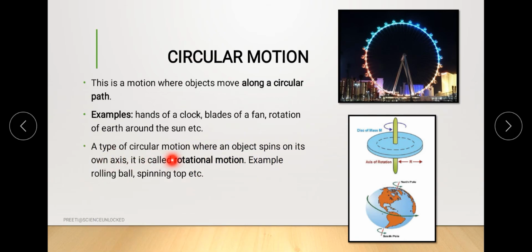So whenever we say that a particular object is moving on its axis or spinning on its axis, it's quite obvious that the boundary or the periphery of the object is showing circular motion, but because of specifying that central point, we can say that it is the rotational motion that we are referring to. For example, a spinning top, the earth moving on its axis, and there are multiple examples that you can quote along with these.